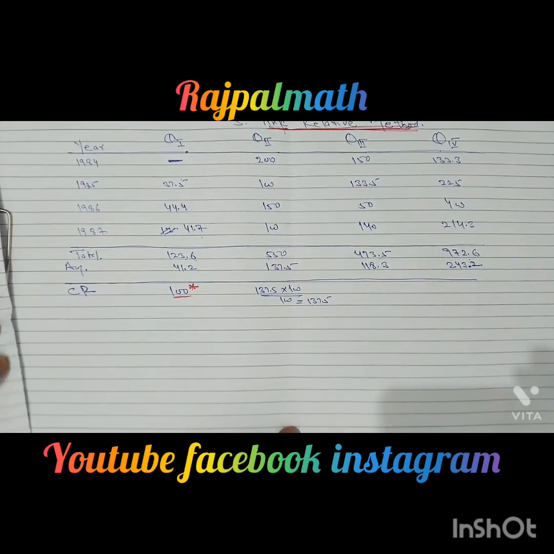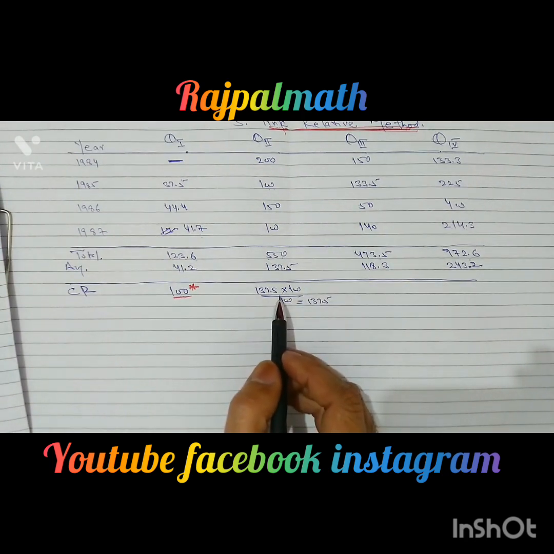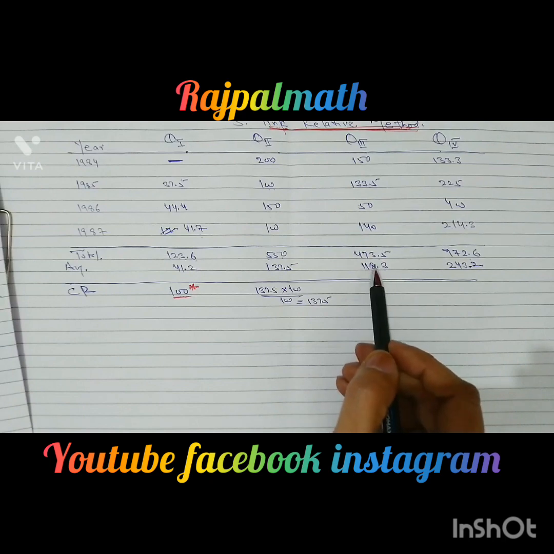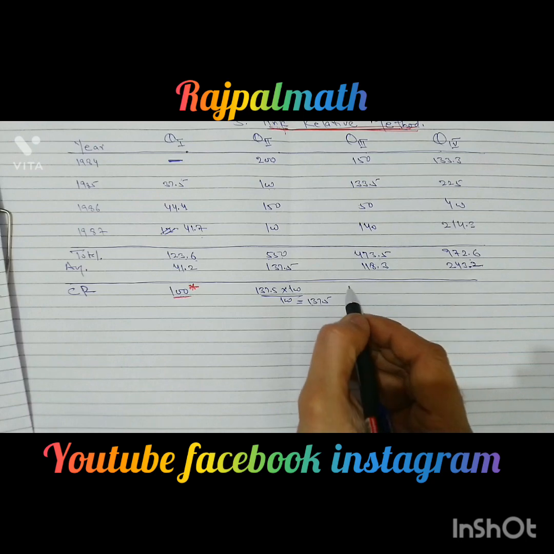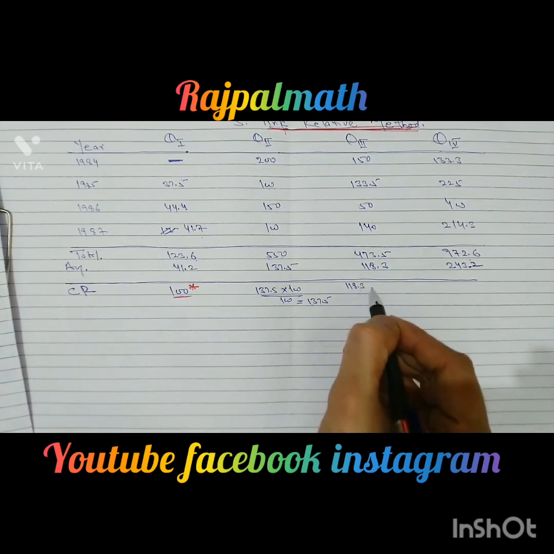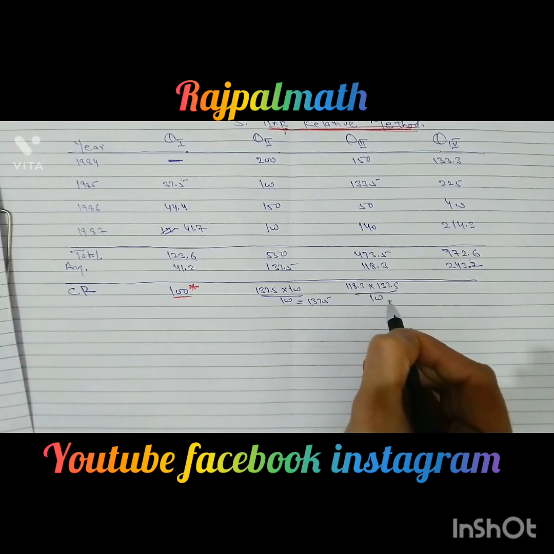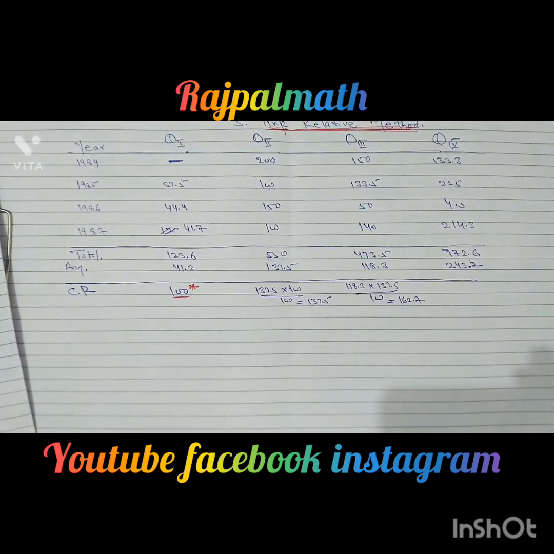For next, again average of quarter 3, 118.3 into previous CR divided by 100 comes out to be 162.7.